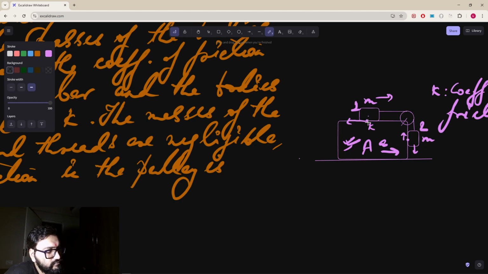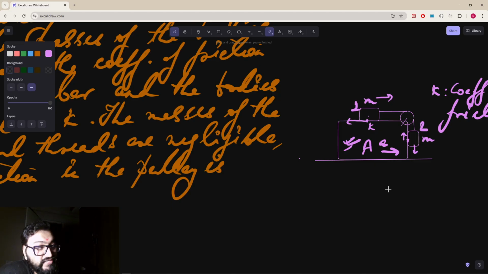And the frictional force between body 1 and body A would also be static frictional force, because if my acceleration exceeds this value, both these bodies, body 1 and body 2, would have a tendency to move, and since they will have a tendency to move beyond the acceleration A, these two bodies therefore will be experiencing static frictional force.